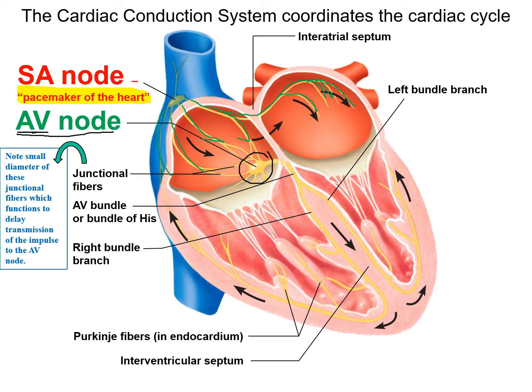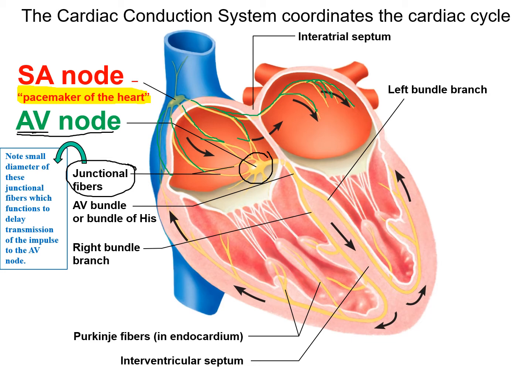This is again a special type of part cardiac muscle, part nervous tissue that is going to receive impulses from the SA node. As you can tell, some of these branching yellow structures are coming to the AV node. And what's interesting is these particular pathways, these nerve fibers called junctional fibers, are quite small in diameter as they approach the AV node.